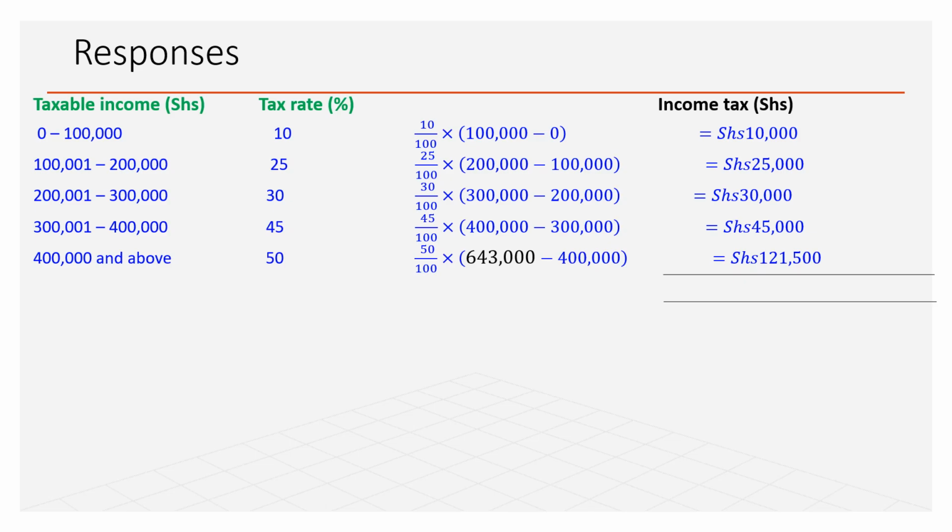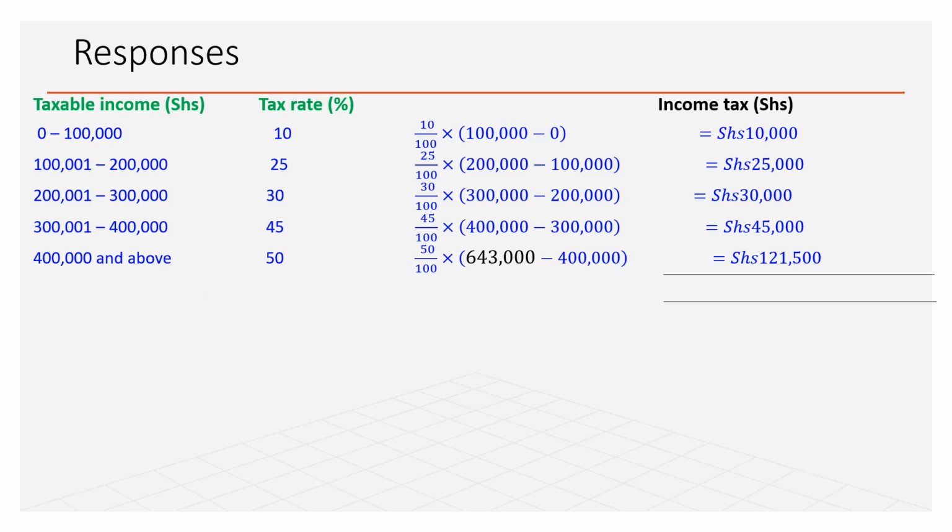It is meant to be 400,000 to 643,000, because this is the taxable income. So that's why 400 and above is satisfying the taxable income.